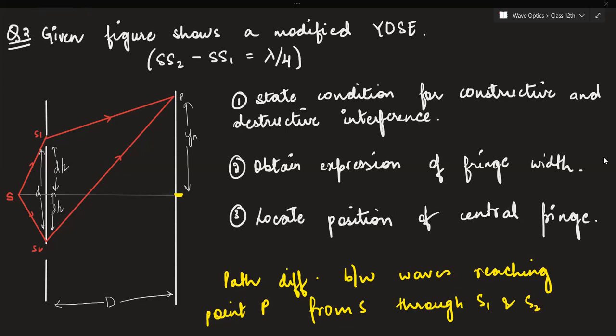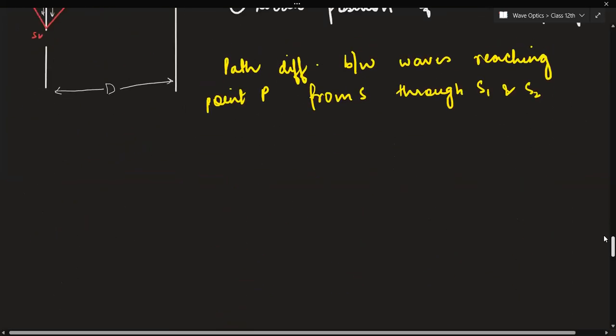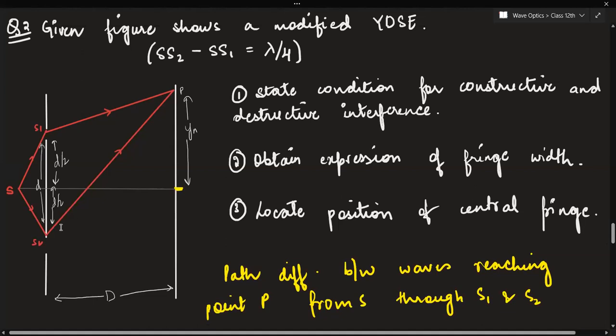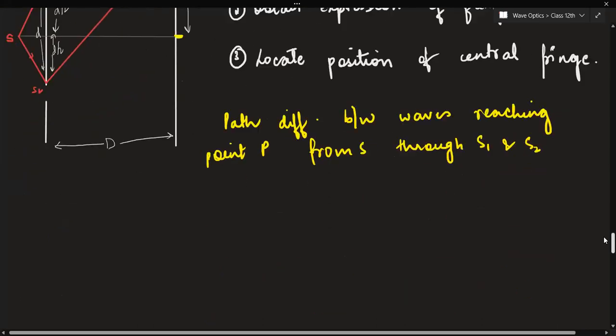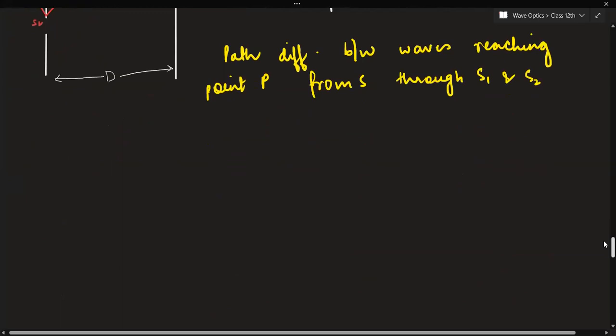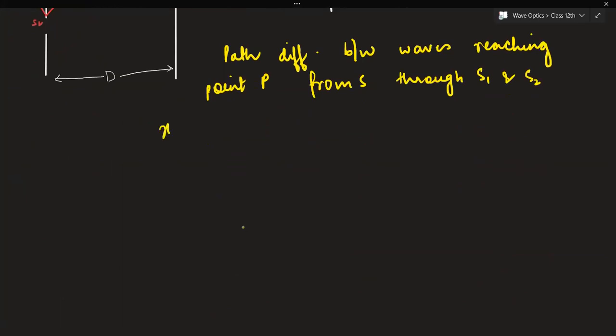Now see, firstly, let us write the path difference. Now path difference will be what? Instead of just S2P minus S1P, you will have this entire minus this entire term. So the path difference x will be, firstly one side, that is SS2 plus S2P, minus the other side.